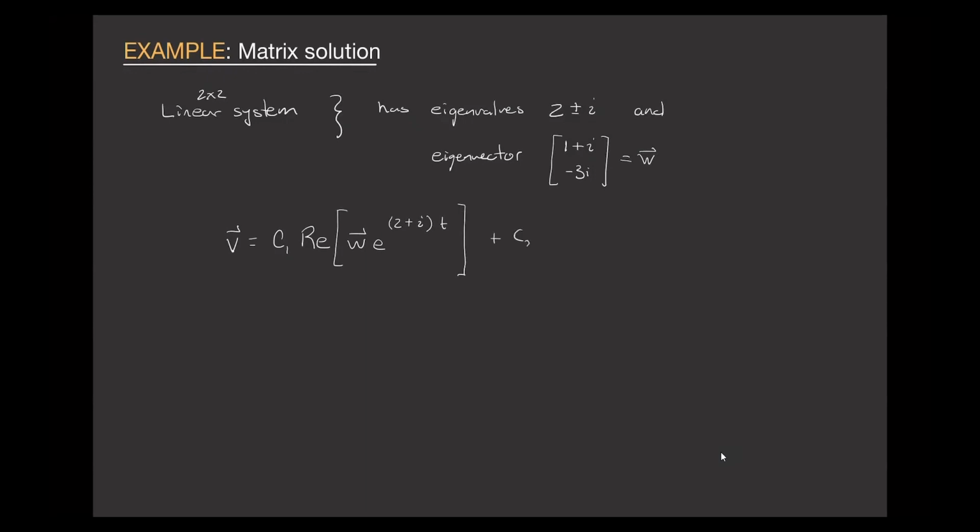Then take C2 times the imaginary part of W e to the 2 plus i times t, like this. Okay, well, how does that work? Let's see.